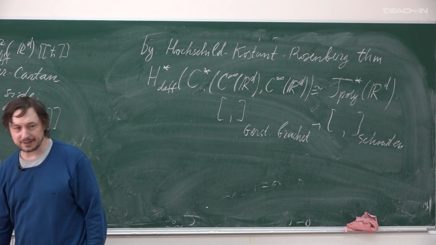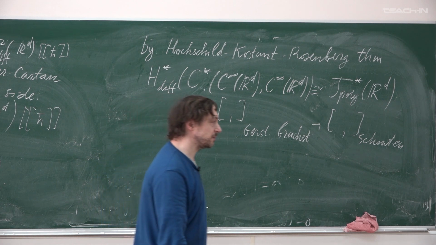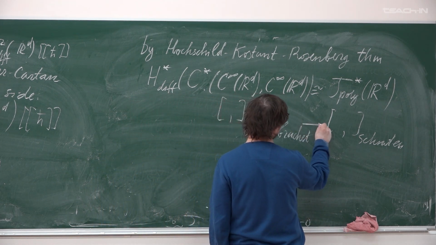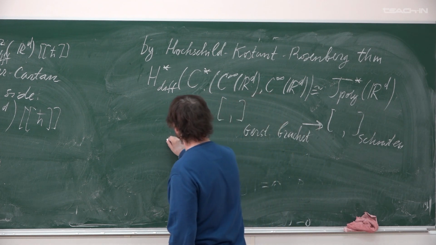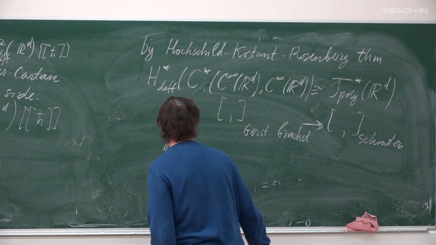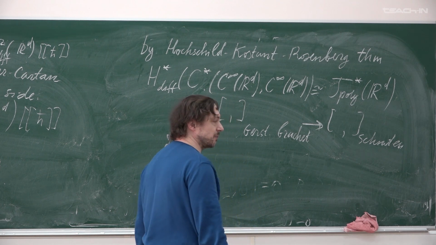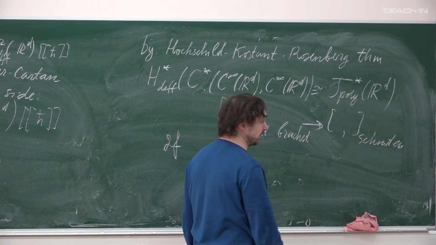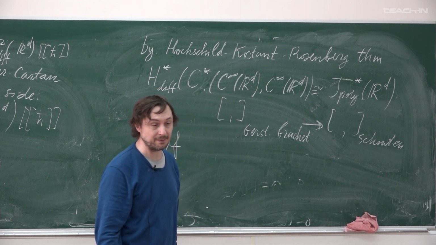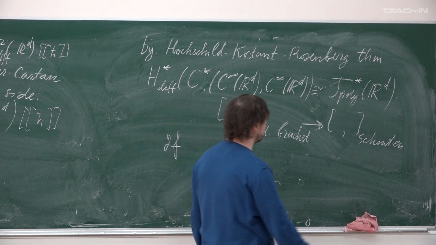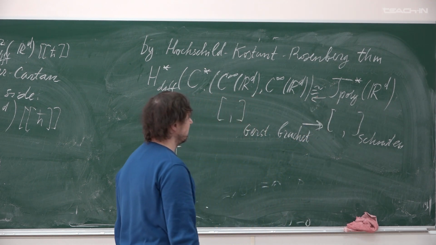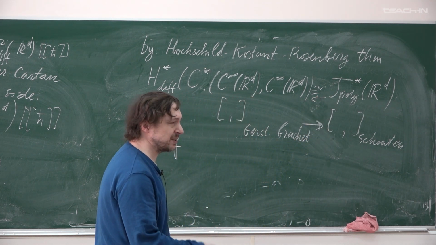If we had a homomorphism of algebras, namely we have a map which somehow induces this isomorphism, that is the Hochschild-Kostant-Rosenberg map, but it actually goes in the opposite direction. So let's put it this way.